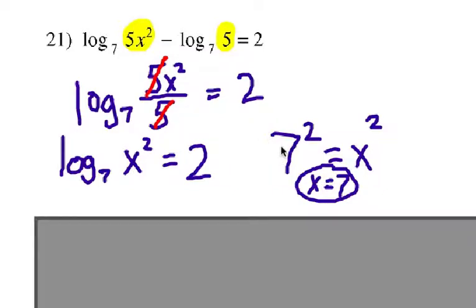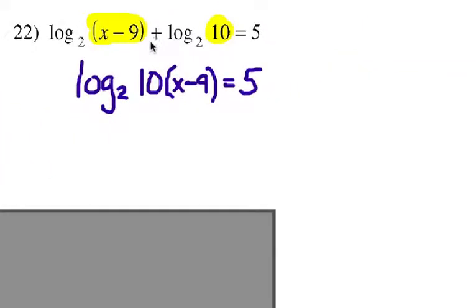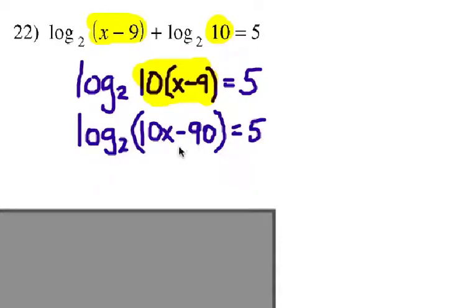Alright, let's look at number 22. So we have an addition symbol there, so that actually means we're multiplying these. It becomes a product. Now usually we put a constant number in front of a binomial, so that's why I wrote it that way. So now we have log base 2 of this expression, or log base 2 of 10x plus 90.